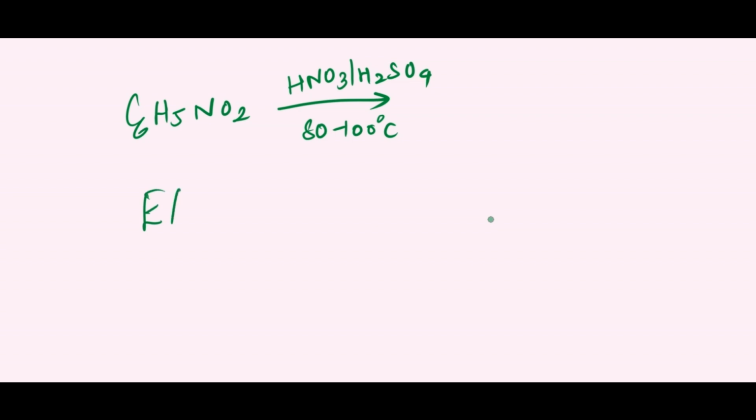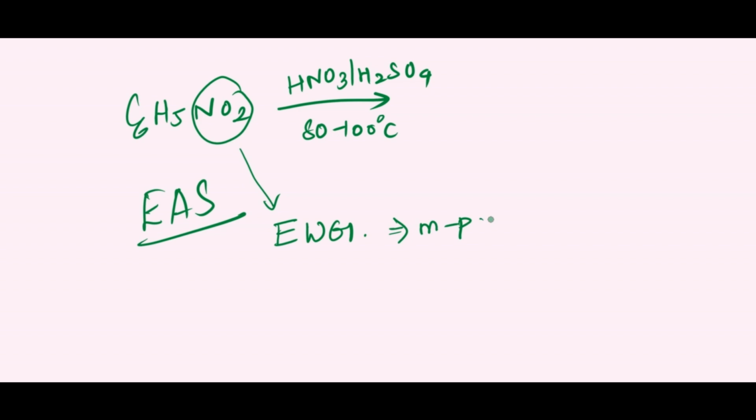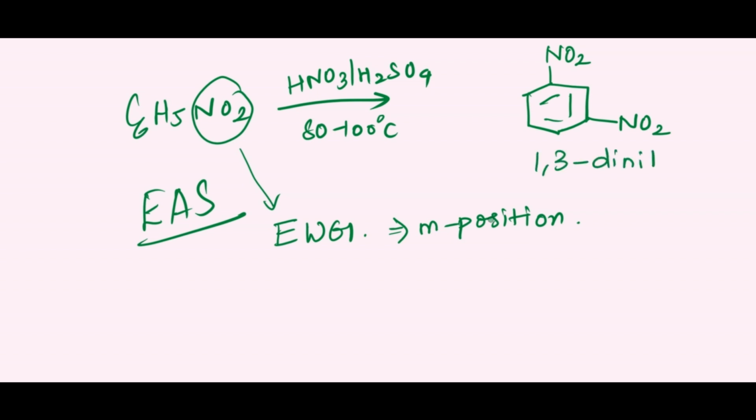It's none other than electrophilic aromatic substitution. So the nitro group, which is an electron withdrawing group, so incoming groups will go to the meta position. I'm writing nitro and the incoming group is again nitro, which will go here in the meta position. So it becomes 1,3-dinitrobenzene.